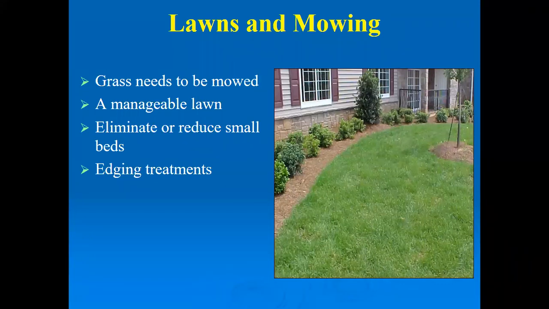Eliminate or reduce small beds. You see there in the middle where that mulch circle is put around the tree, that keeps it from getting lawnmower disease, as we call it in the industry, where people crash their lawnmowers into it. Of course, that didn't always stop them, but it discourages damage. Edging treatments, all that should be taken into consideration.